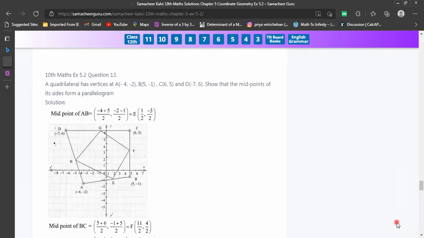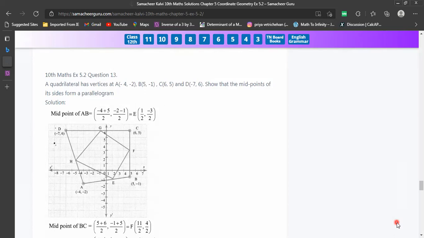Again, they gave you 4 vertices and they're asking to show that the midpoints of the sides form a parallelogram or not. So you have to find the midpoints of these 4 sides first. That should be step 1.